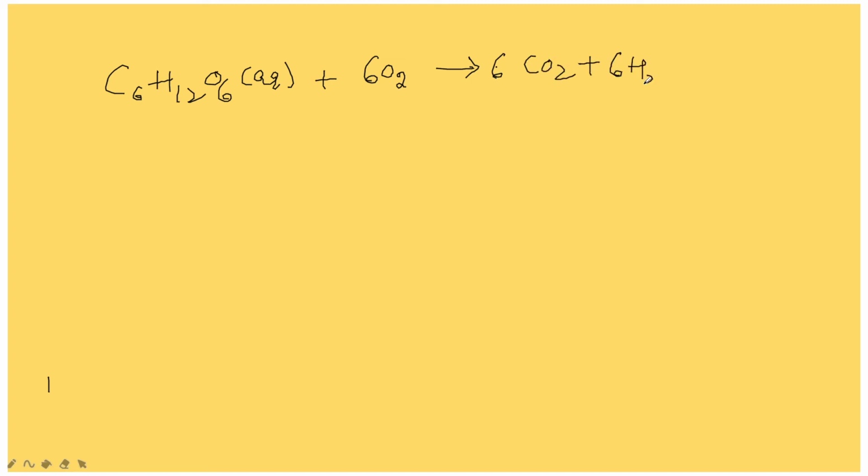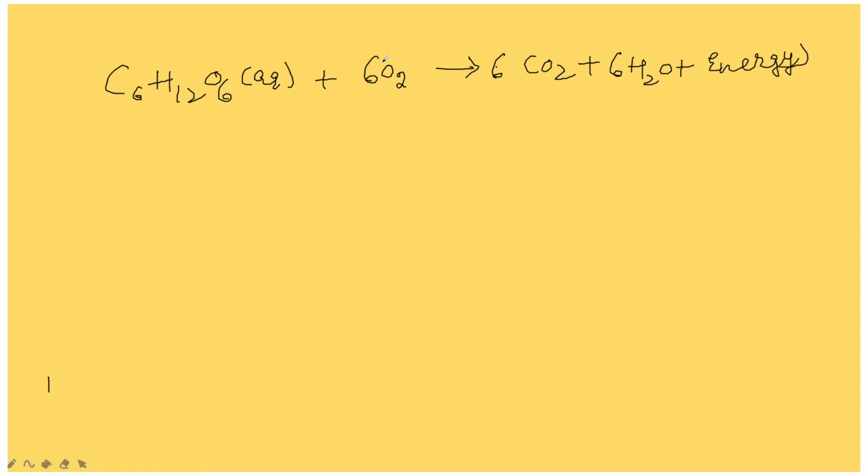The glucose which is formed after eating: C6H12O6, it is also an aqueous solution, plus 6O2, the opposite of photosynthesis, gives 6CO2 plus 6H2O plus energy.